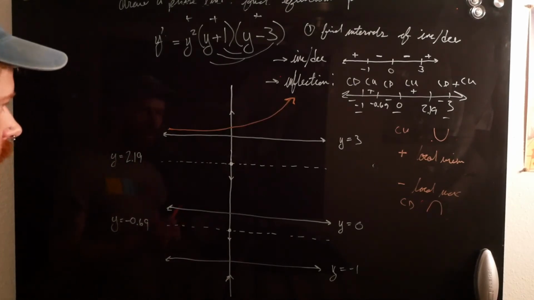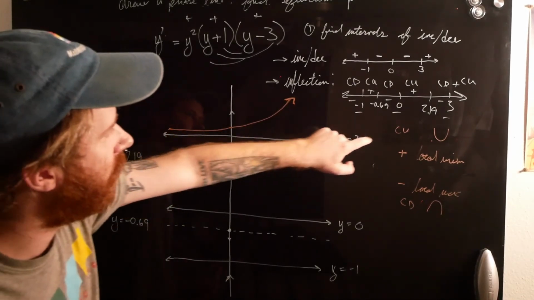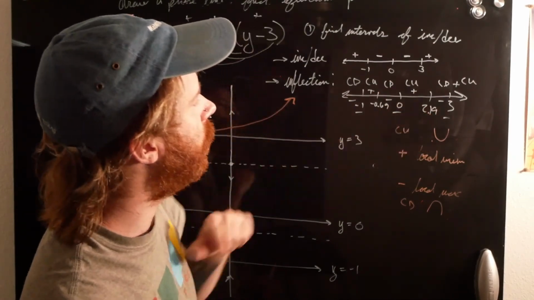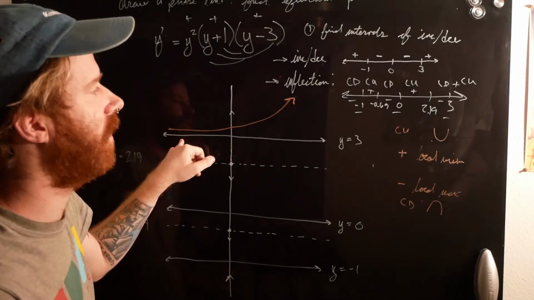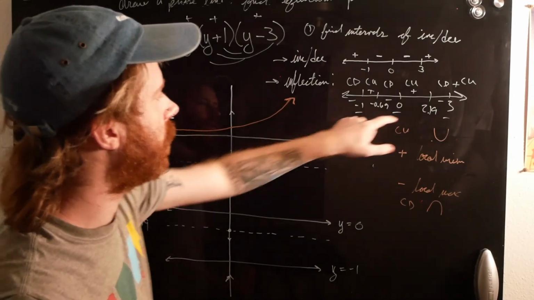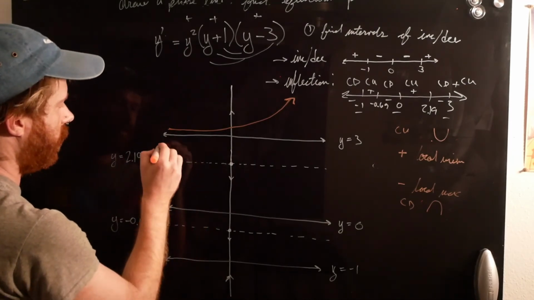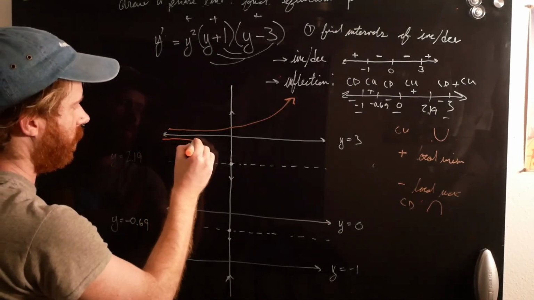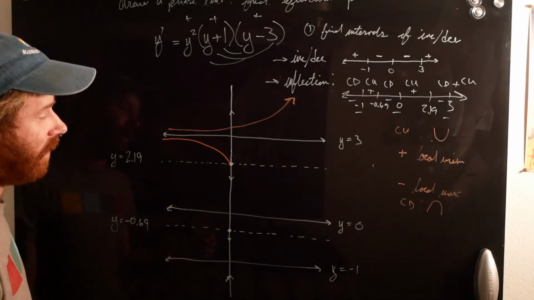There we go. So now we have an inflection point between 3 and 2.19, it's concave down. The inflection point flips at the equilibrium. So it's now concave down, and it is decreasing now, like this. And then the inflection point flips again, right?